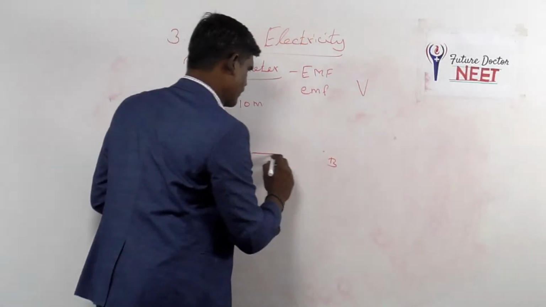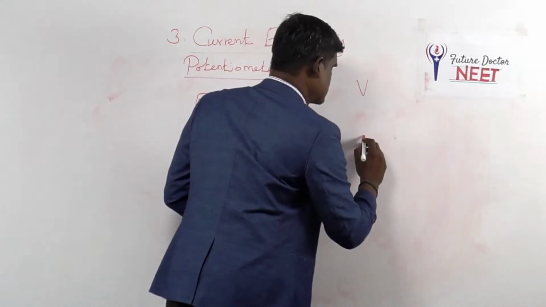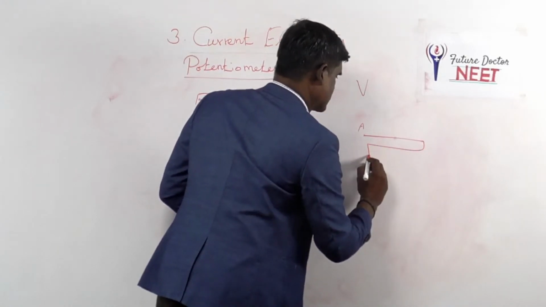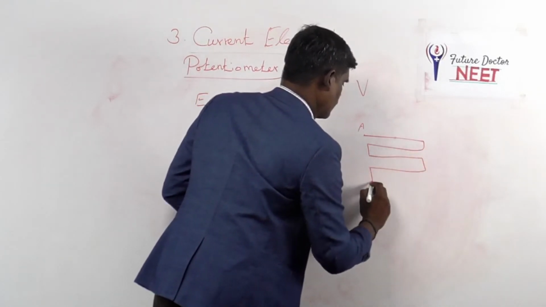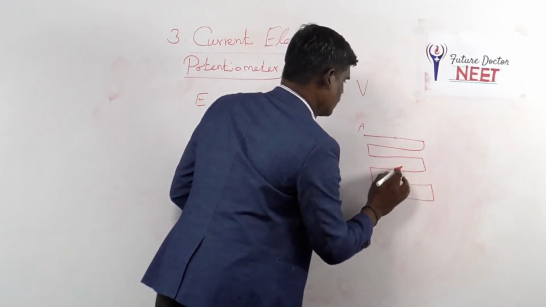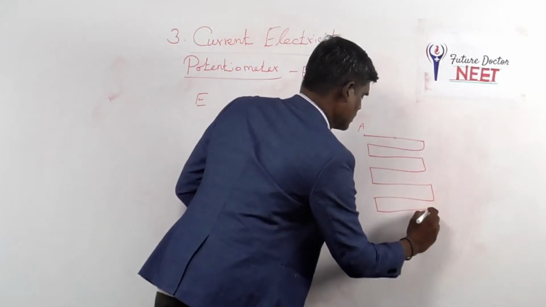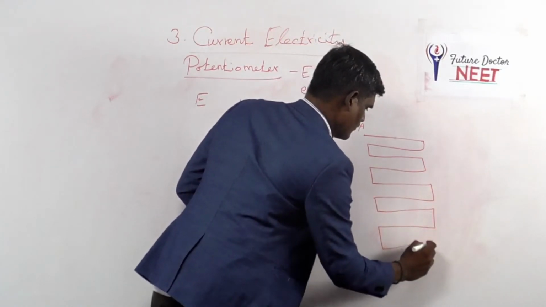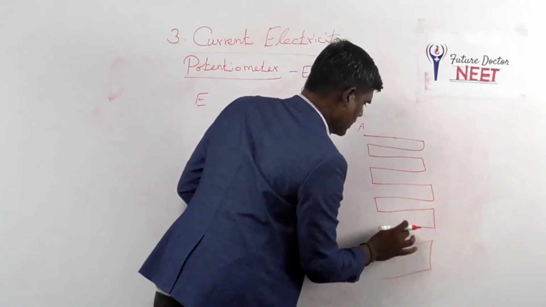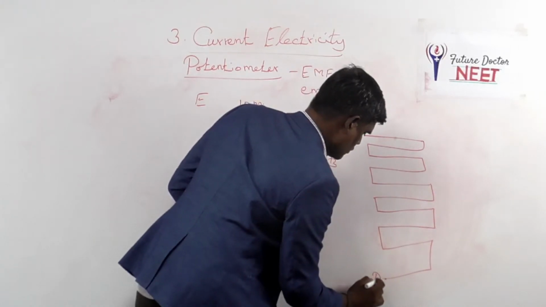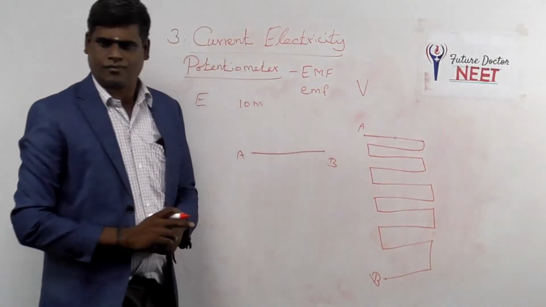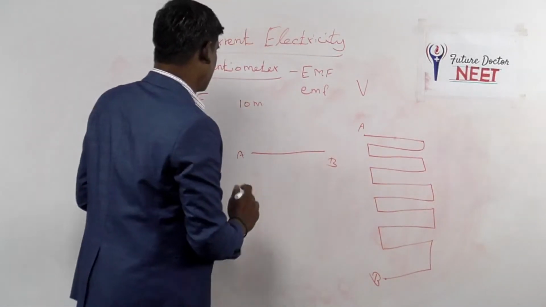Always start from A and it will go like this, 5 times, and it is a 10-meter wire. 1, 2, 3, 4, 5, 6, 7, 8, 9, 10. So this will be kept as AB. Okay.